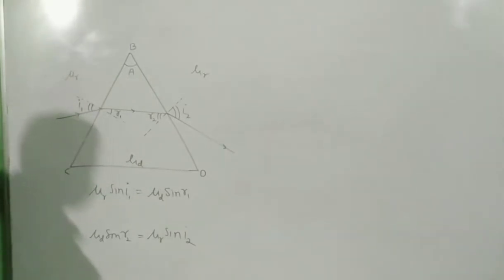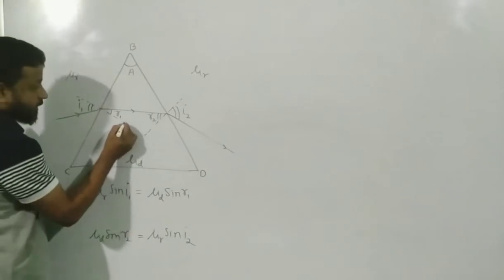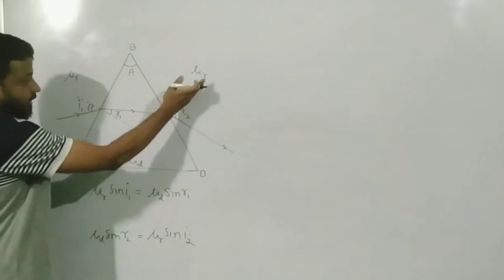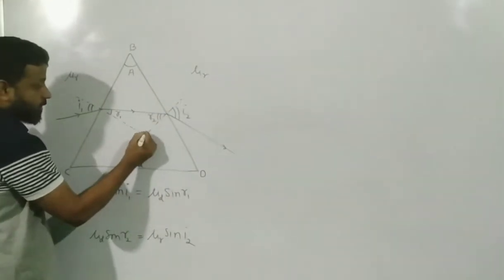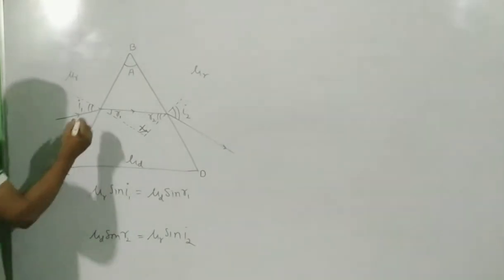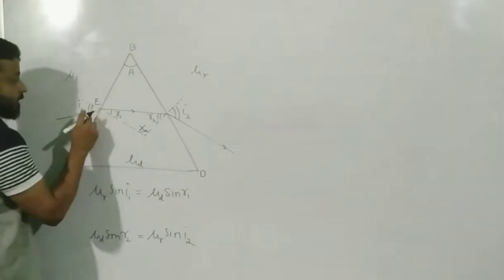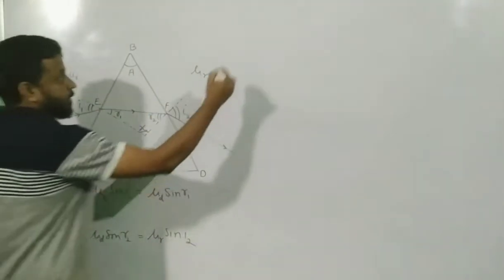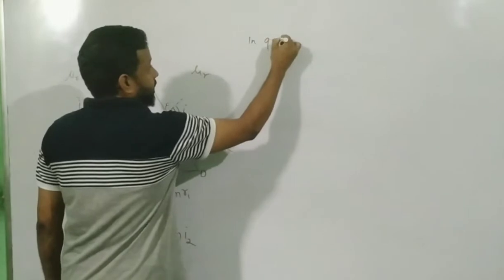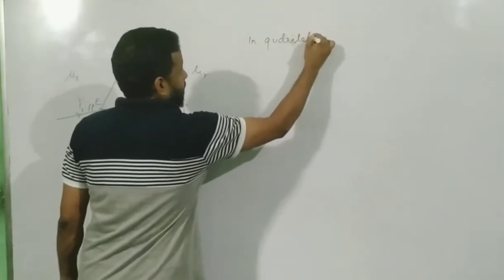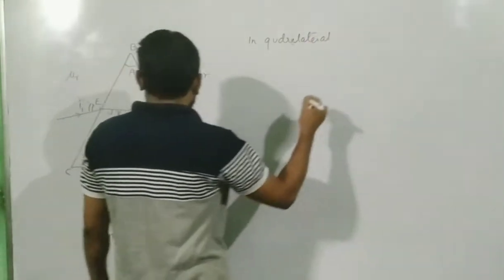What are the other equations involved in prism? To get that, let us extrapolate this and join these two normal lines, one from this surface, the other from this surface, and let me call this angle X. Let us name these points E and F, and we will focus on the quadrilateral.